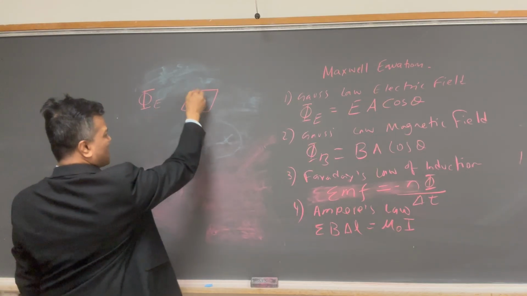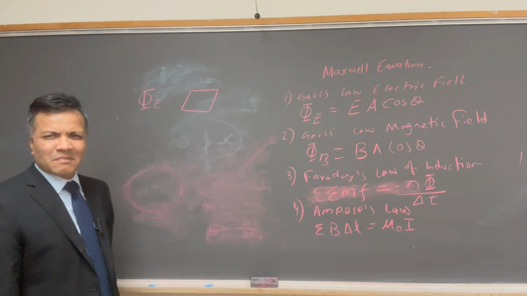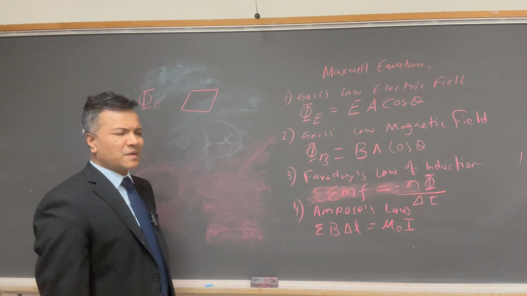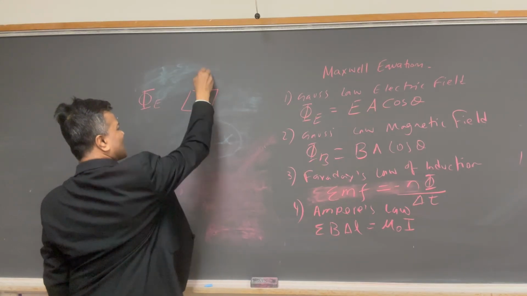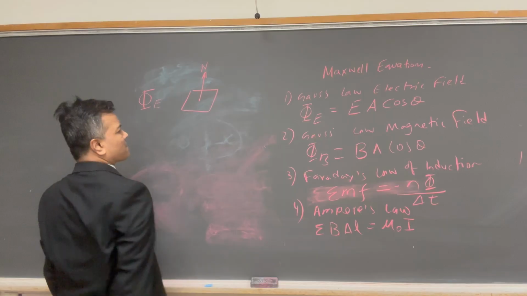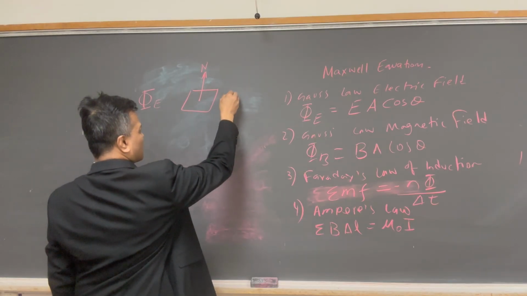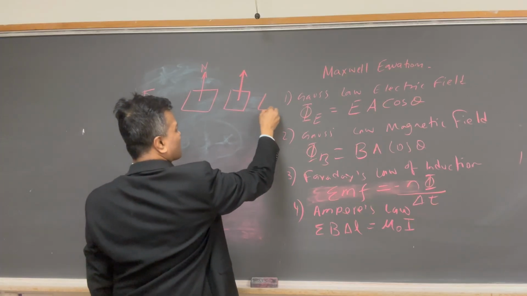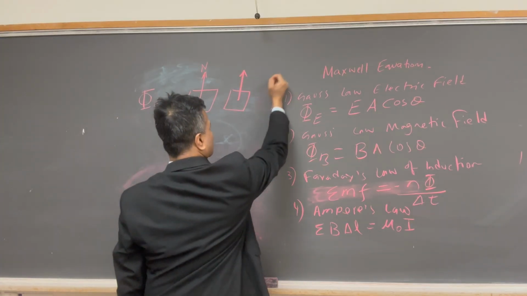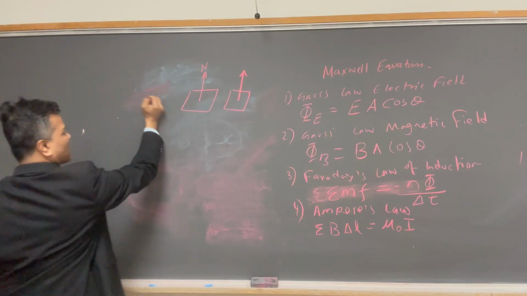So the flux measures the field passing through the surface. So this is a surface, this is a plane. You're going to draw a normal line with respect to the plane. We're going to draw three planes, each with a normal line with respect to the plane.